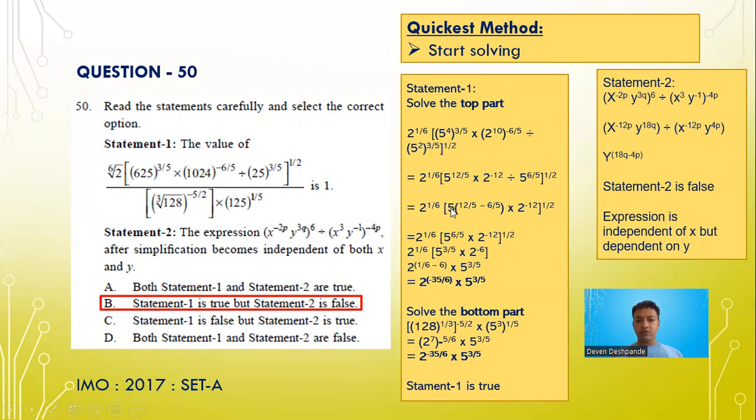So 2 raised to 6 whole raised to 5 upon 5 raised to 12 upon 5 divided by 5 raised to 6 upon 5.